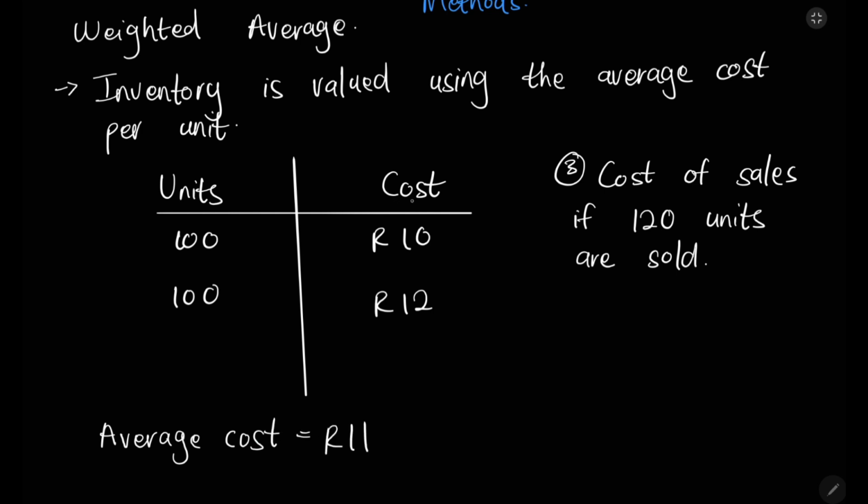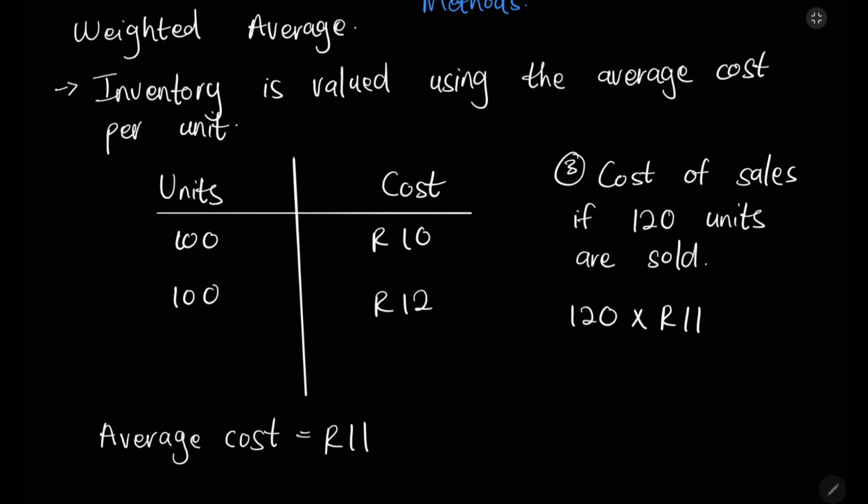We said total cost divided by total units. So if 120 units are sold, we'll just say 120. This obviously comes from the first and the second batch as well. So we'll say 120 times our average cost, which is 11.